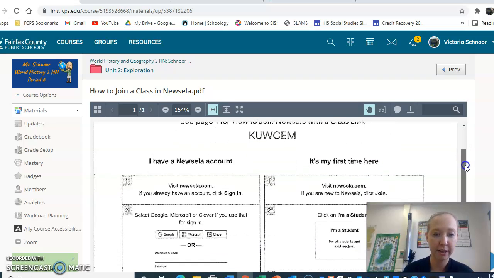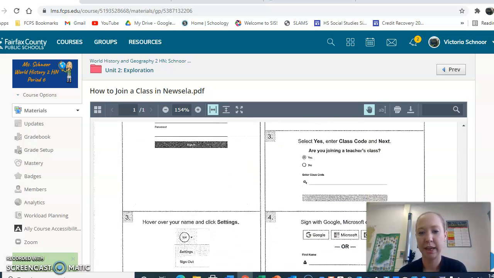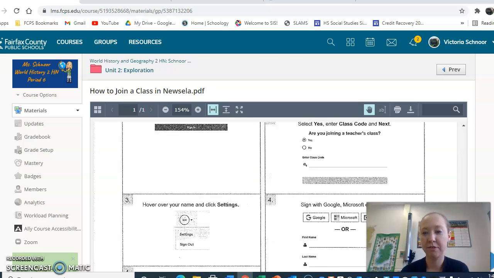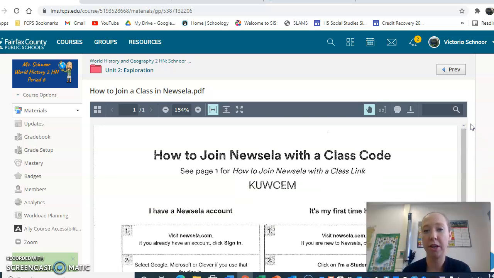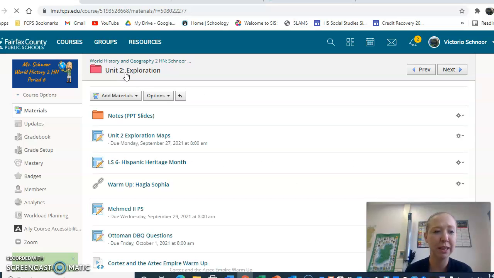So if you have a Newsela account, you'll follow the directions on the left. If you do not have a Newsela account, you're going to follow the directions on the right there. Okay? And once you've done that, you'll have access to all the articles that you need for that Modern Native Americans activity there. Okay? Again, if you have questions, please let me know and I can help you out.